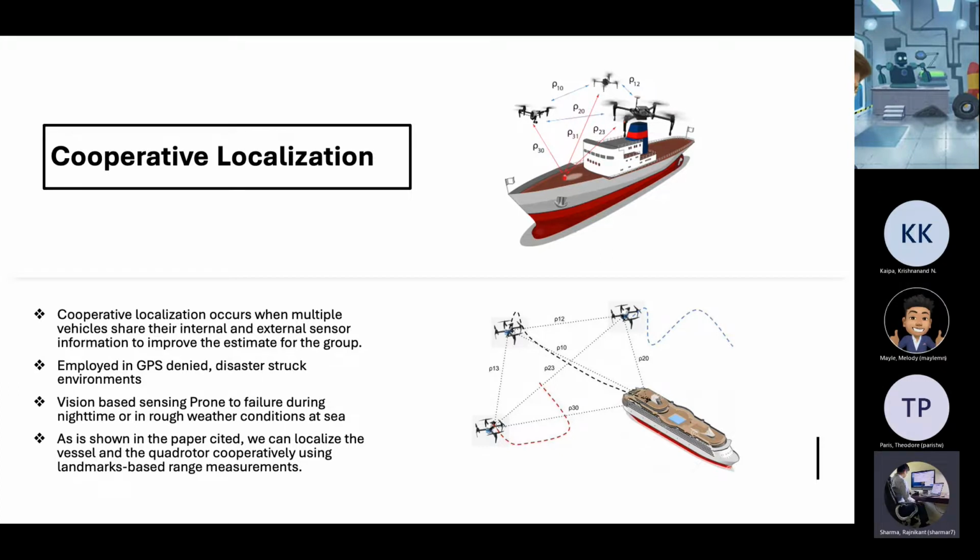So the paper proposes that cooperative localization be used. That is, the quadrotor localizes itself with respect to landmarks around the ship or on the ship, and the ship in turn localizes itself with respect to the quadrotor.